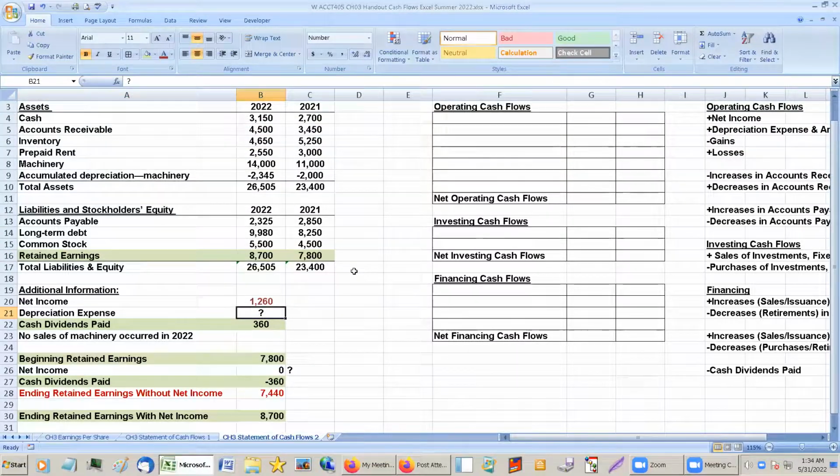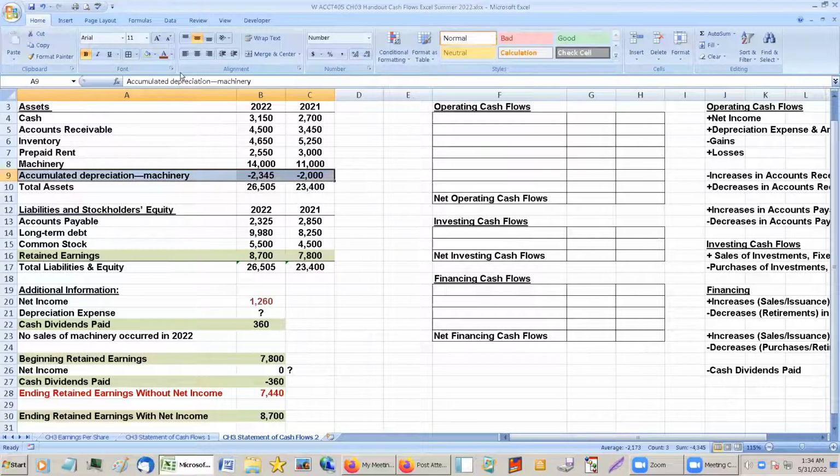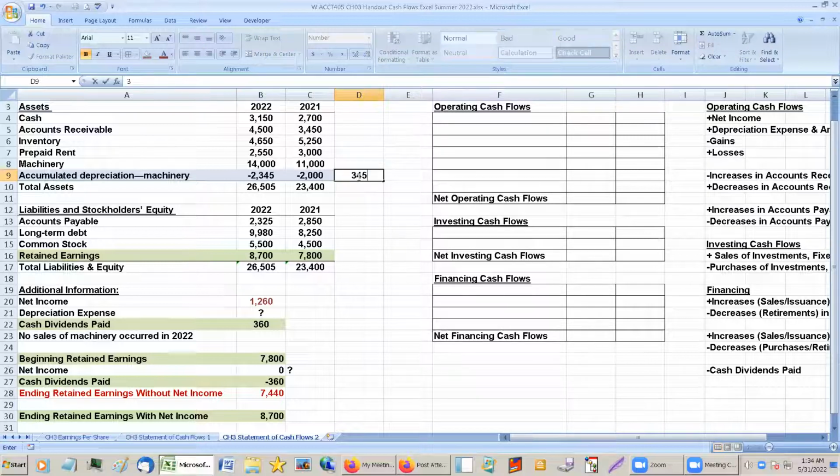Now our depreciation expense. We're going to use this to figure that out. Oh, it's too dark. Hold on. Notice our depreciation went from 2,000 to 2,345. So it's a difference of 345.